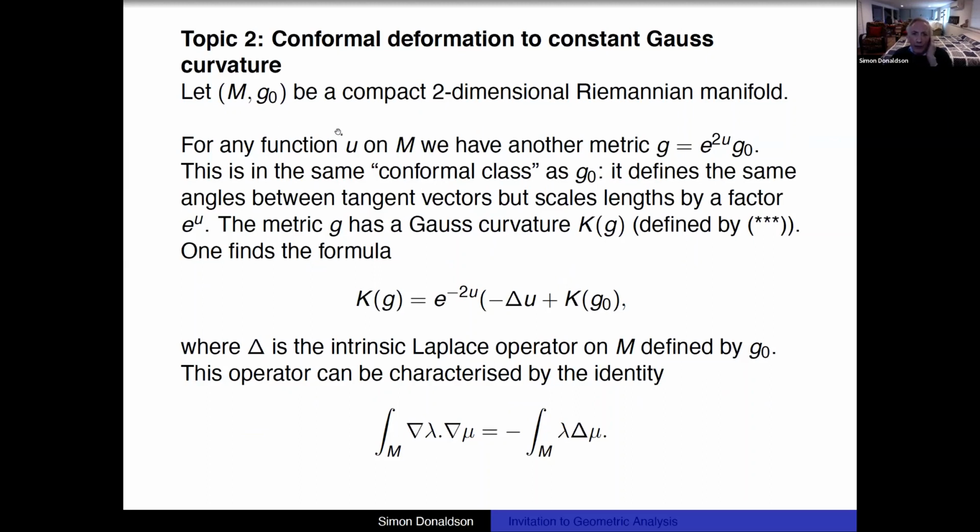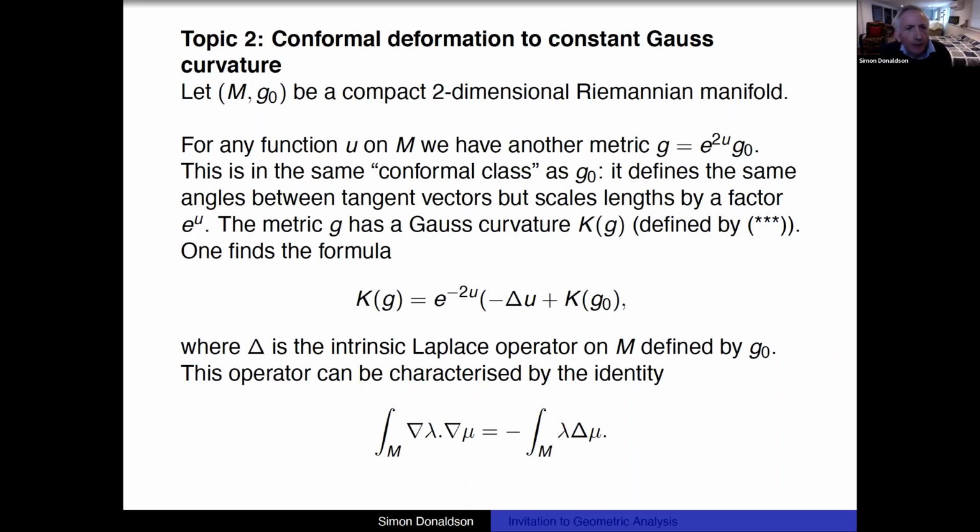If we have any function u on the manifold, we can change the metric by multiplying it by a factor e to the 2u. And we say these are in the same conformal class because the two metrics define the same angles between tangent vectors, but they scale lengths at a point by the factor of e to the u.